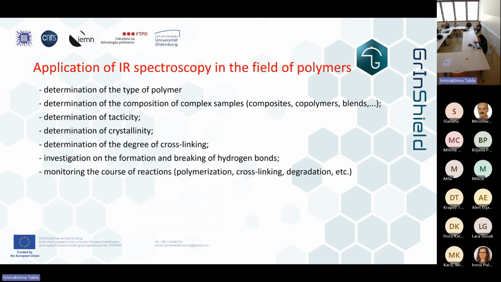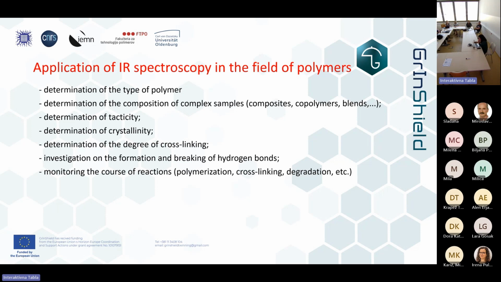Applications of spectroscopy in the field of polymers: we can determine the type of polymers. Actually, there is some equipment for fast determination of polymers. It's a kind of apparatus like a gun. You keep it in your hand and you just point it at the material and you get an answer whether it is polystyrene, polyethylene, or those most common polymers.